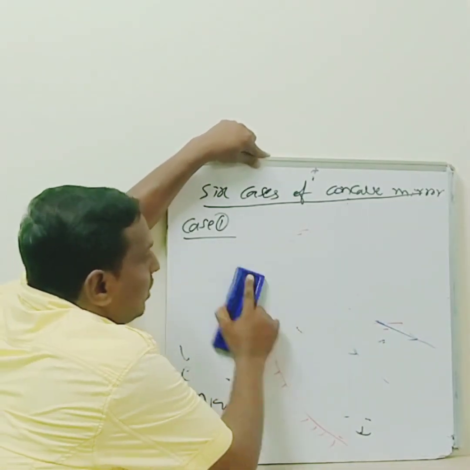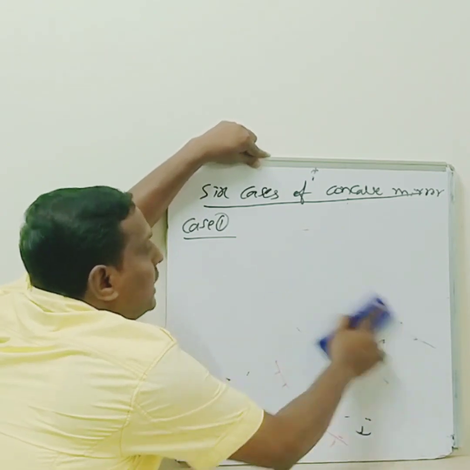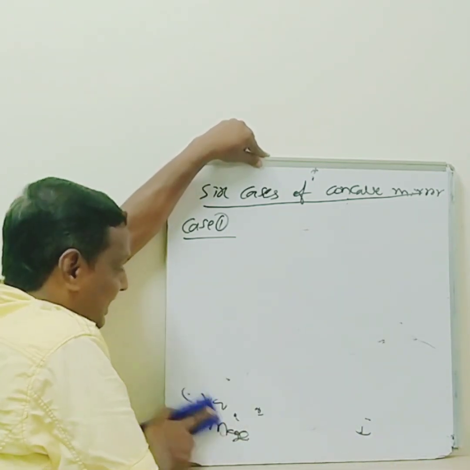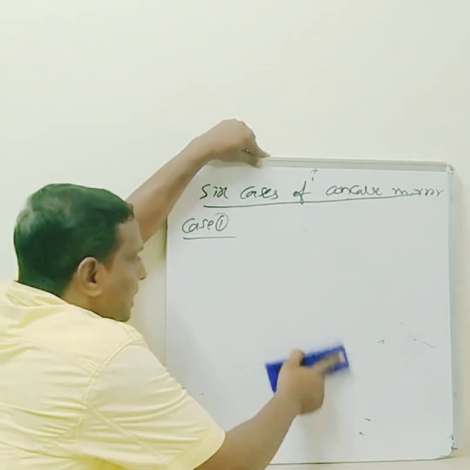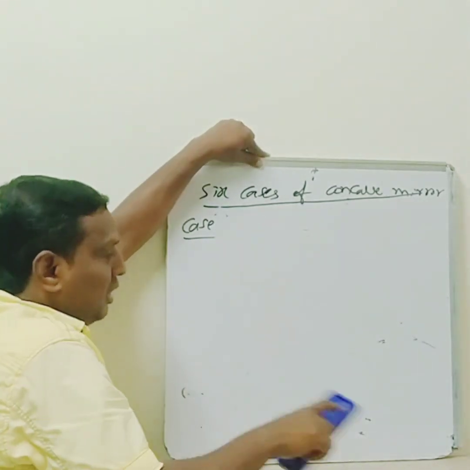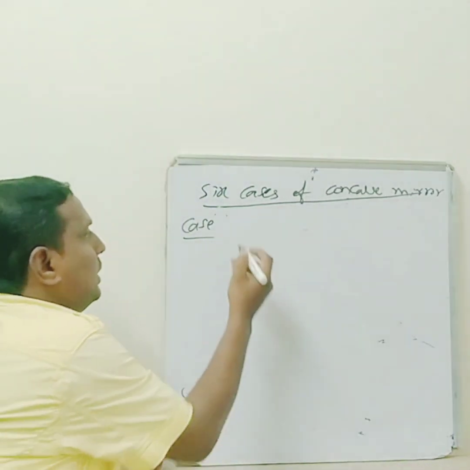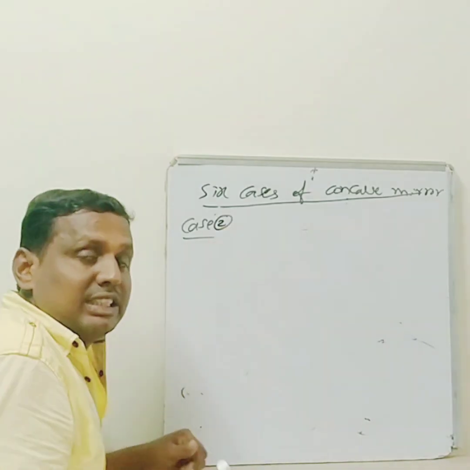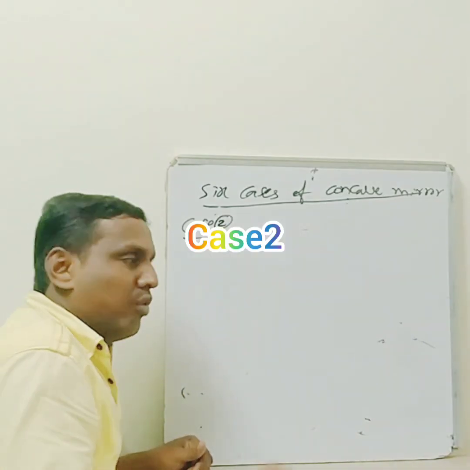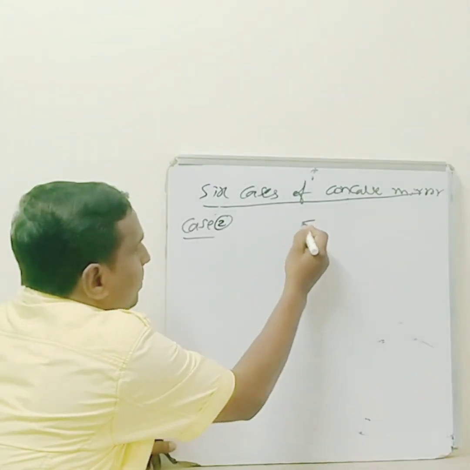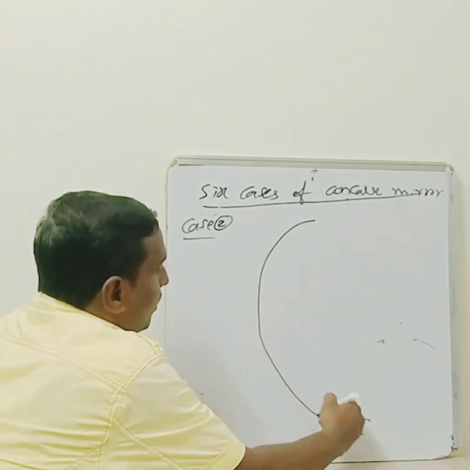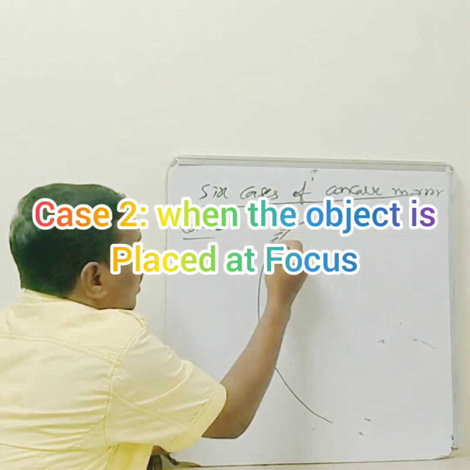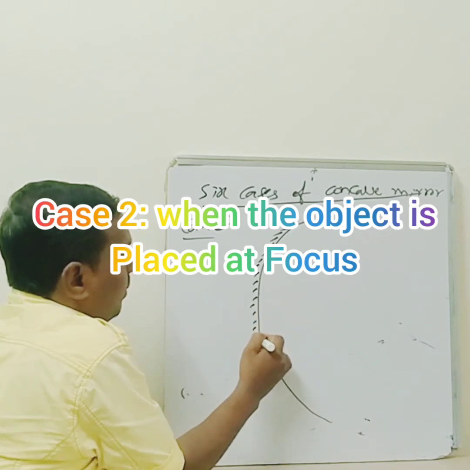Case 2, when the object is at focus. So dear students, be careful here. Case 2, when the object is at focus. This is a concave mirror.